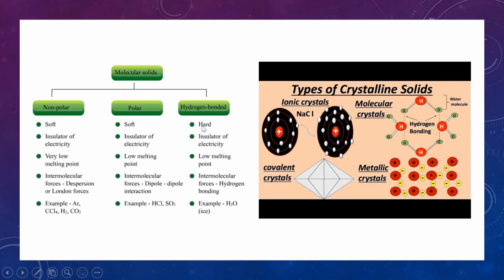That's why it gives a hard molecular structure. But again, they are insulators. They don't have free ions. They don't have free electrons. Melting point is low, and the force of attraction is hydrogen bonding. An example is water, only when it is in ice form, not in liquid or gaseous form. So today's topic is done.